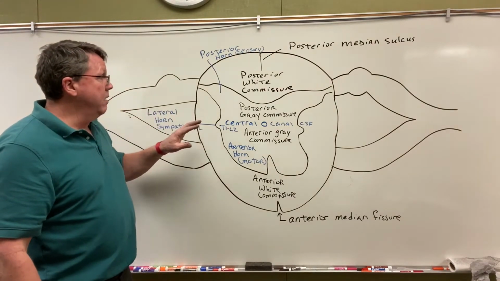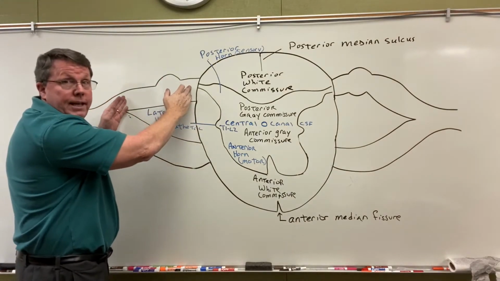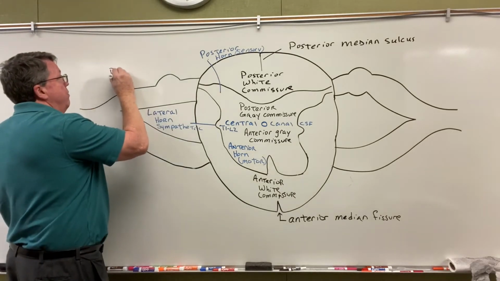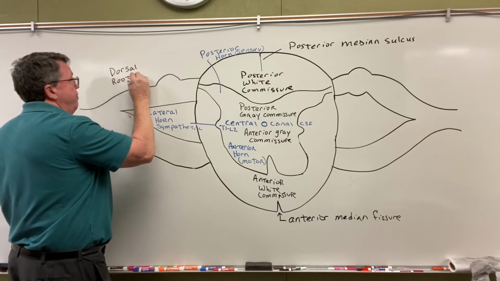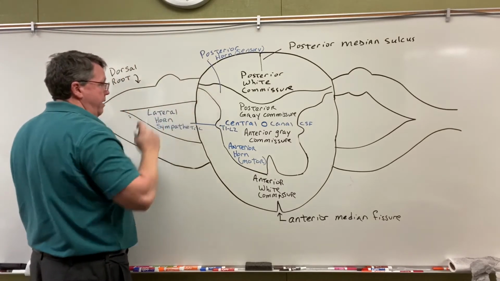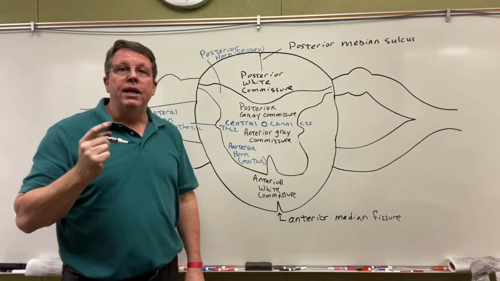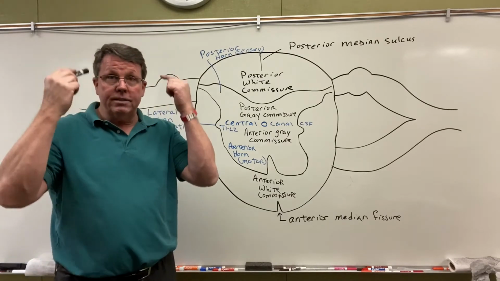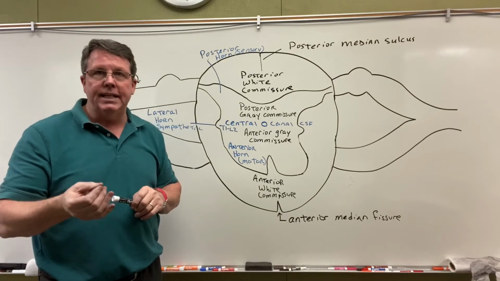So let's now take a look at this. This section right here is going to be called my dorsal root. This is my dorsal root right here. Okay, this whole thing right here. Now, if you recall when we spoke earlier, what we said is you have cell bodies. If the cell bodies were in an area of the brain that wasn't too well defined, we call that a center.